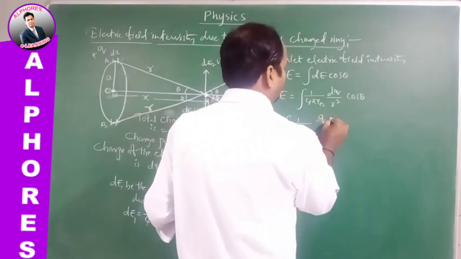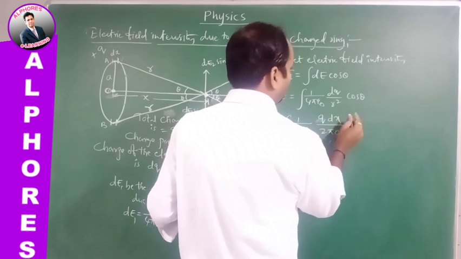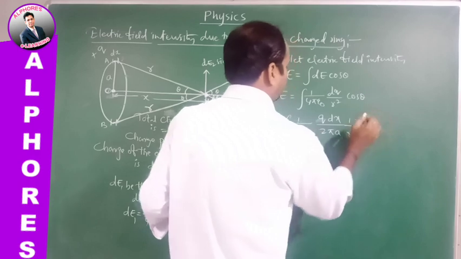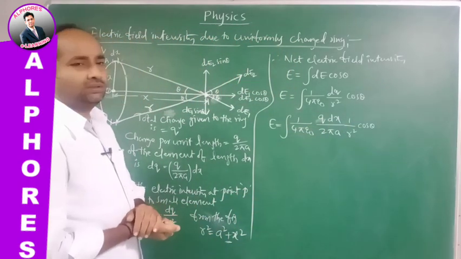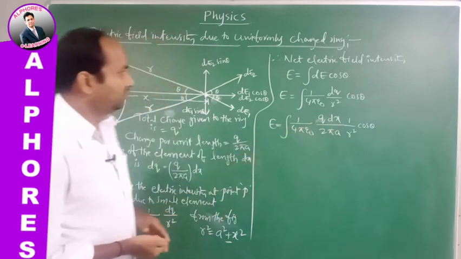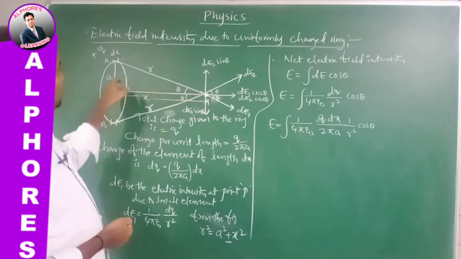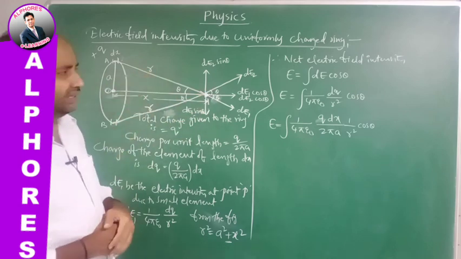dq = q dx by 2 pi a, of 1 by r square cos theta. But what is the cos theta value? If you observe this triangle, cos theta can be written as adjacent by hypotenuse.